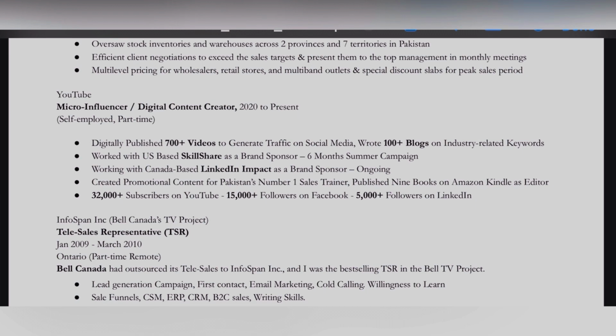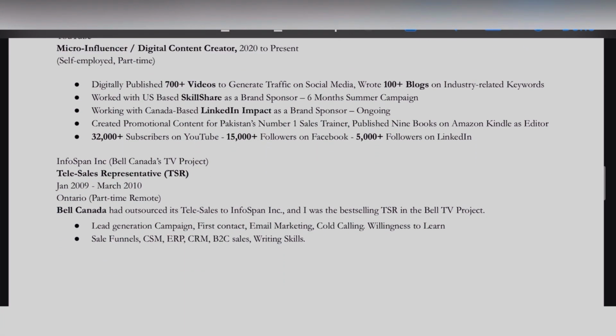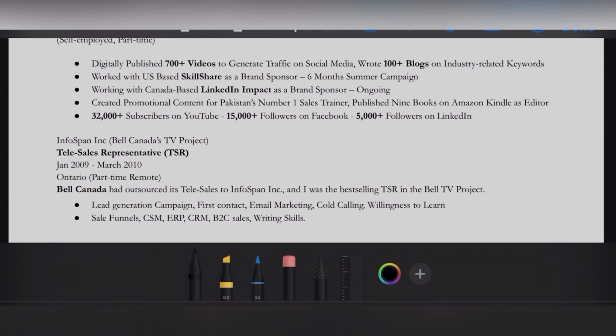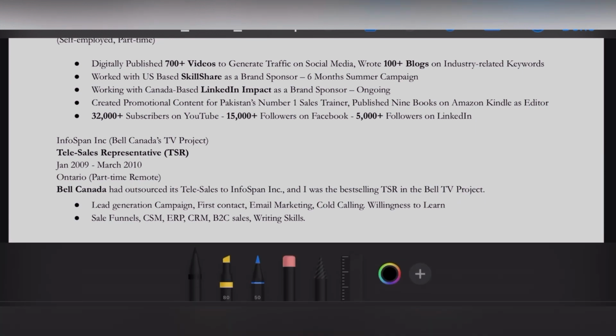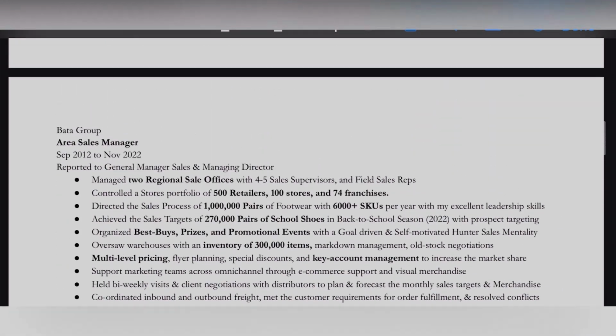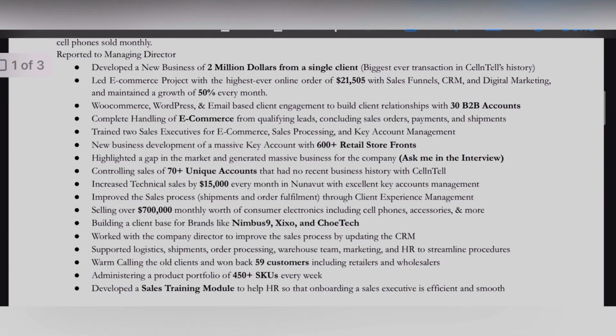So that's why I included that in my resume. Then this is also a relevant experience to sales that I had in the past. So I included that, but you'd see only two bullets, only two bullets. And YouTube also didn't take many bullets. So always do what I told you about the new experience, covering half of your resume.